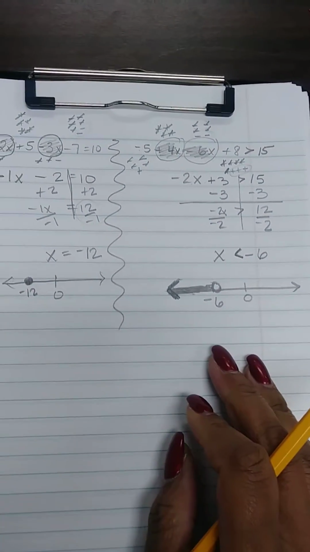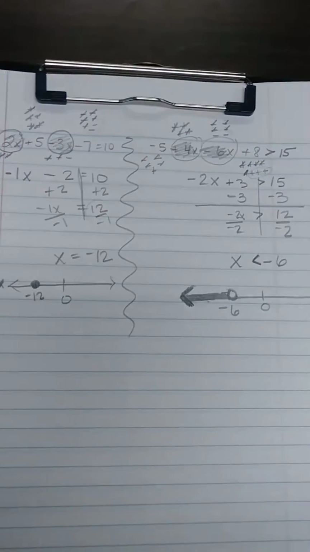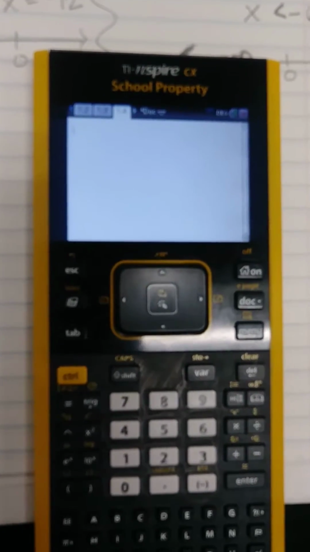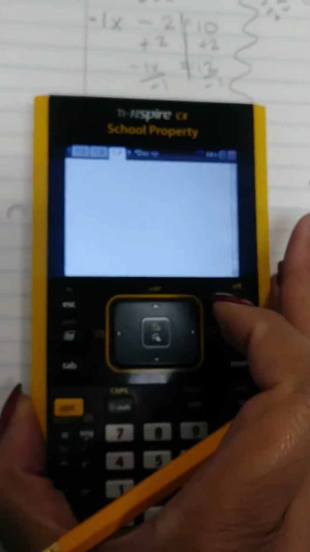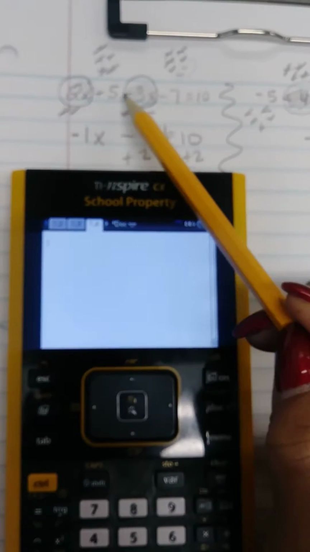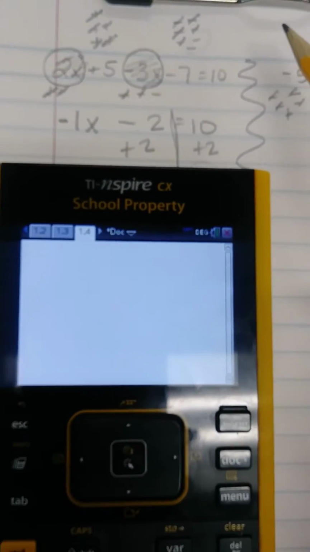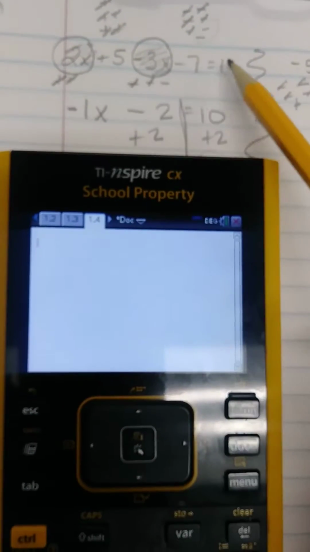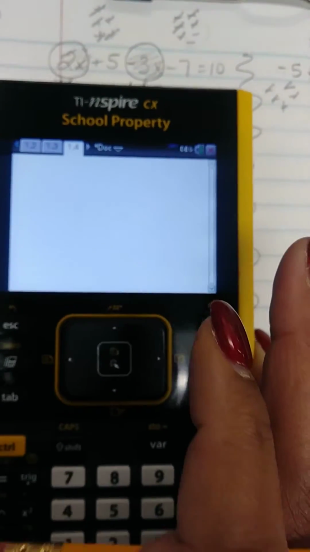Now I'm going to get the calculator and show you how this is actually accurate. Give me a sec. Okay, I have my calculator, and what I have to do is put in this equation. There we go. Put in this equation with the answer, negative 12, plugged into the x spot.